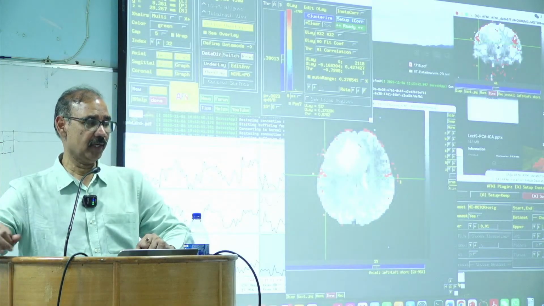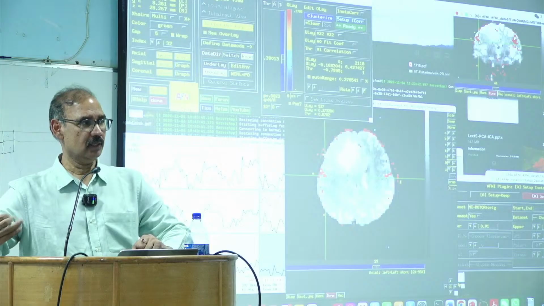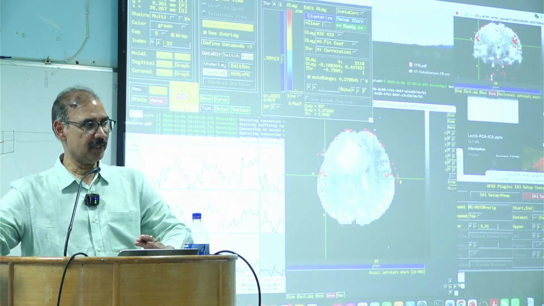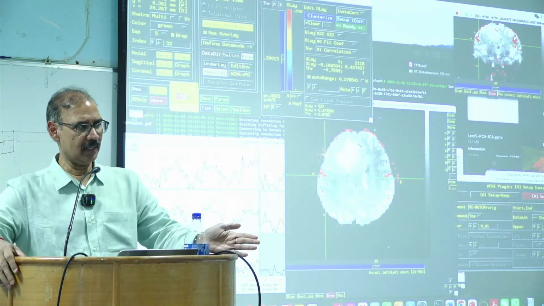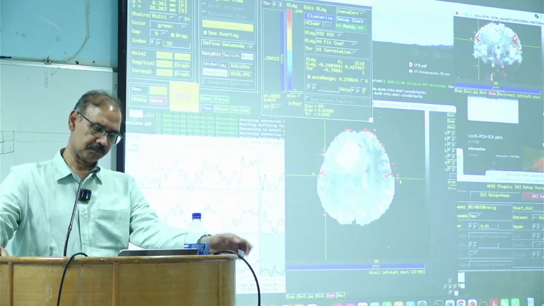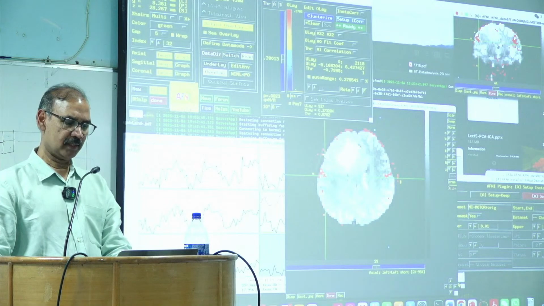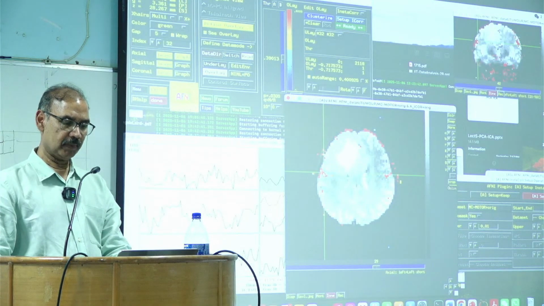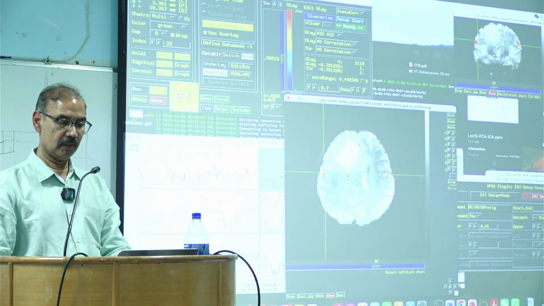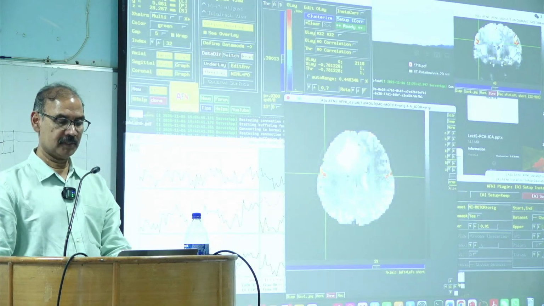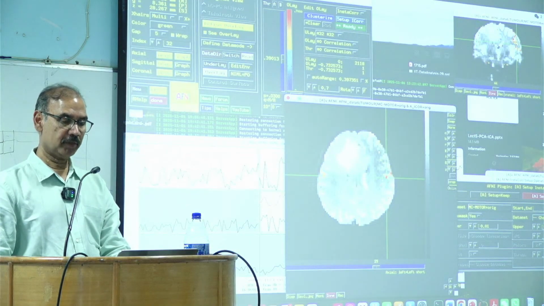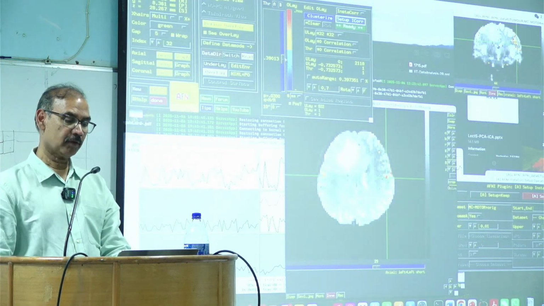Seed-based analysis is called hypothesis-driven analysis, because you have some idea. Let's say in this case, my hypothesis is that the sensory motor cortex, the left and right, are correlated, right?